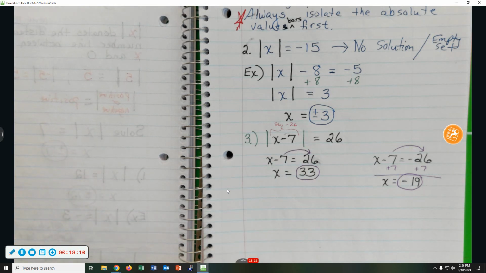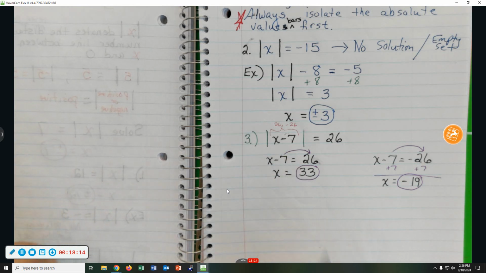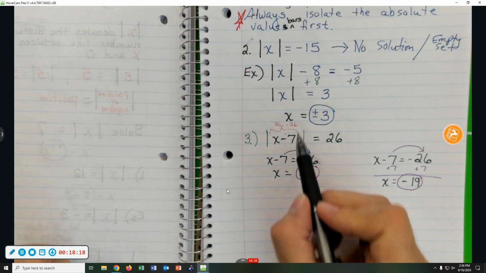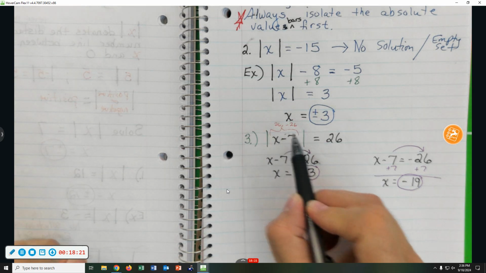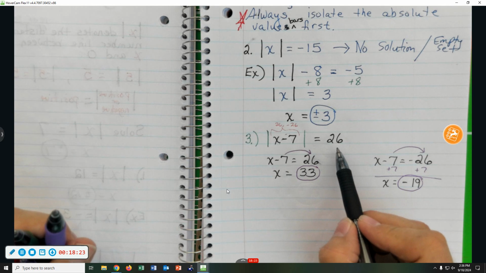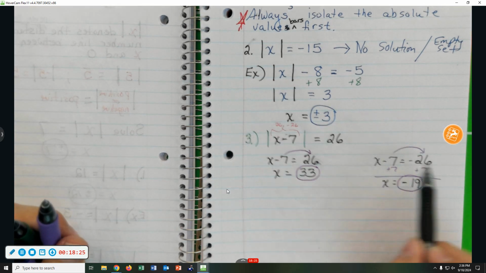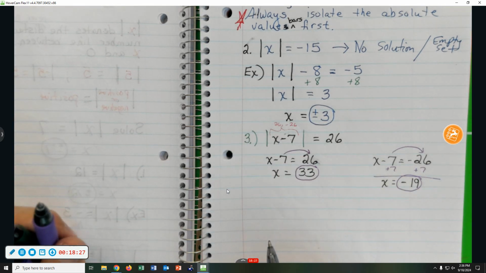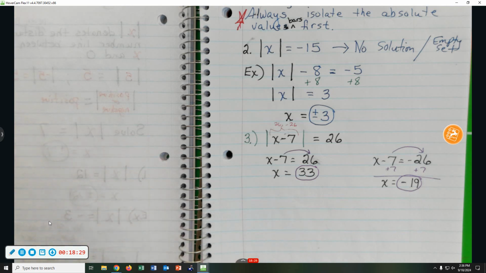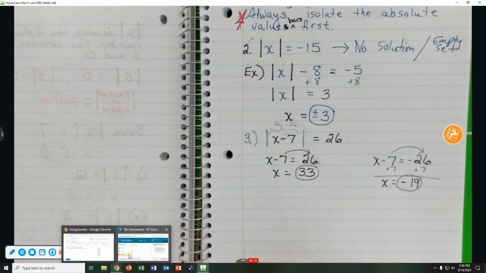I have a very technical name for what we just did here. Equal positive, equal negative. That's what we're doing. You take what's inside here, set it equal positive, and then set it equal negative, and isolate the x. So 33 and negative 19.